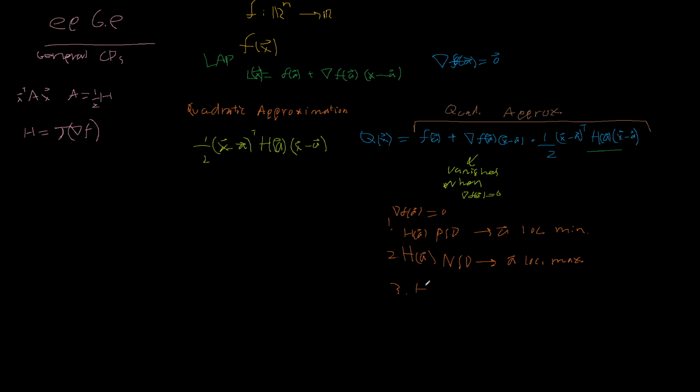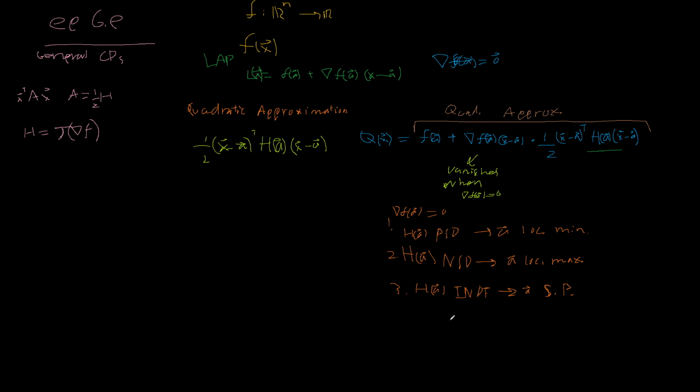And 3, if the Hessian is indefinite, a is a saddle point. Hope that makes sense.